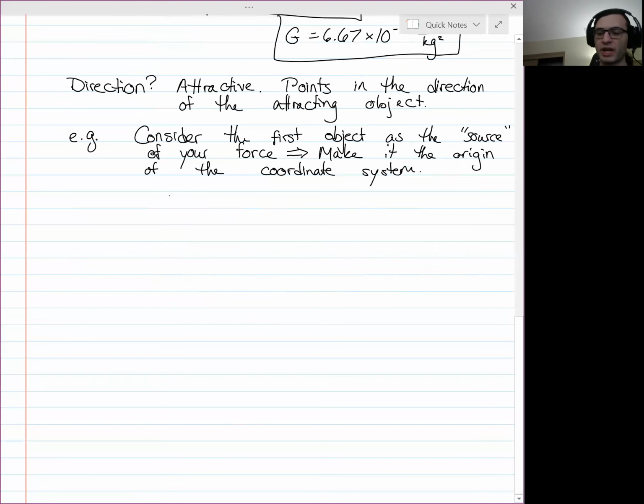So let's say that we have our object 1. This is our source. So I'm just going to draw a coordinate system on top of it, make it the origin. And then maybe object 2 was over here. This is, say, the recipient of the force.